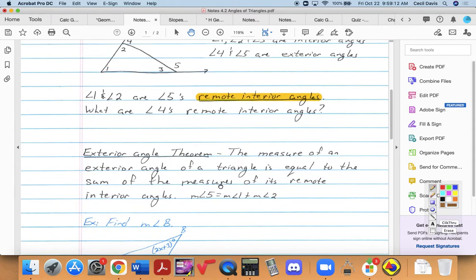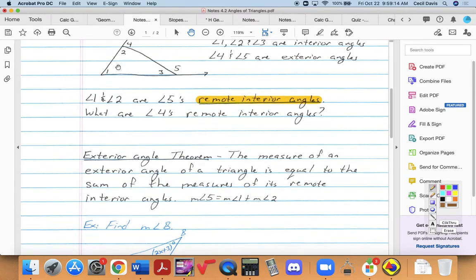So in this diagram up here, angle 5 is going to be equal to angle 1 plus angle 2. Or angle 4 would be equal to angle 1 plus angle 3. If it's an algebra problem, you're going to have to know this theorem. If it's just numbers, you can do it by doing the angles of the triangle, but now there's more places where you can go wrong.